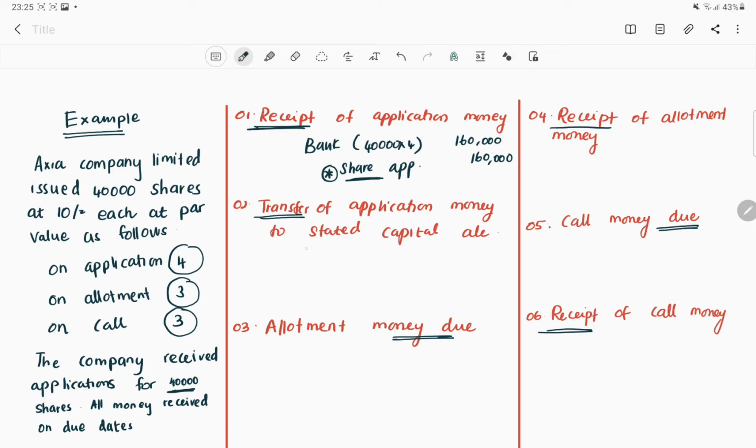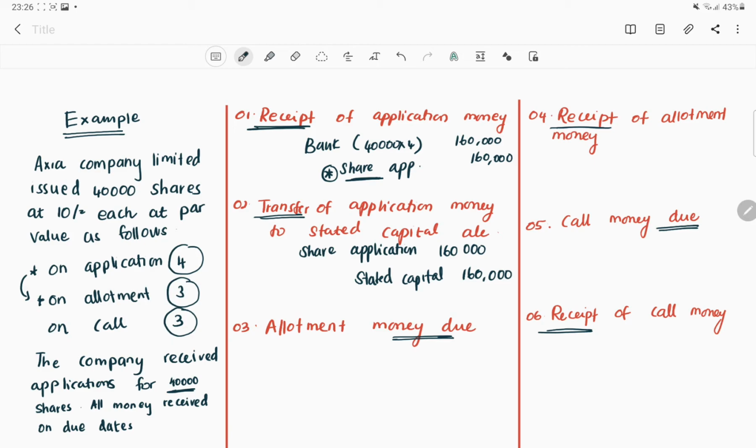So I'm going to debit the share application account, and that amount I'm going to credit to the stated capital account. 160,000 would be debited to the share application account and 160,000 again would be credited to the stated capital account. Upon the completion of the application, then we can move to the share allotment.